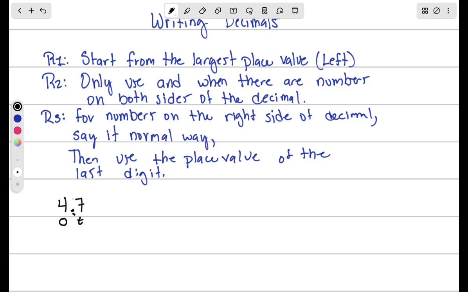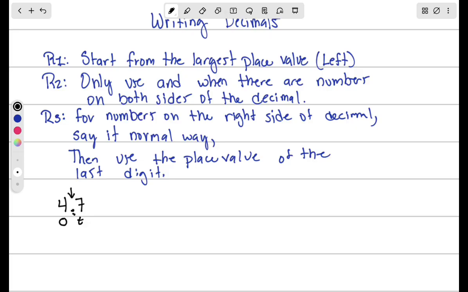All right? Right or wrong, Brooklyn, just try it out. What would that number be? 4.7. All right, now, on your chart, I told you don't use point, use what word? Oh, and. All right, now do it. Say it again. 4 and 7.